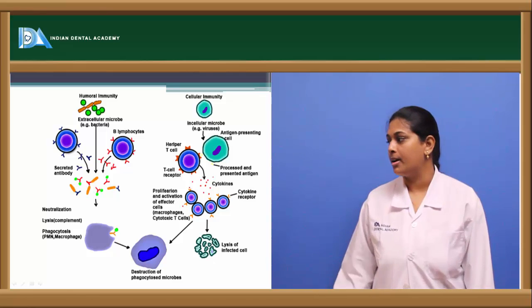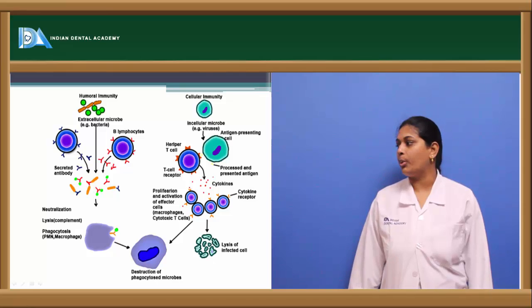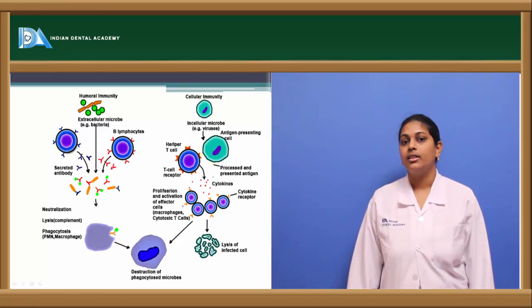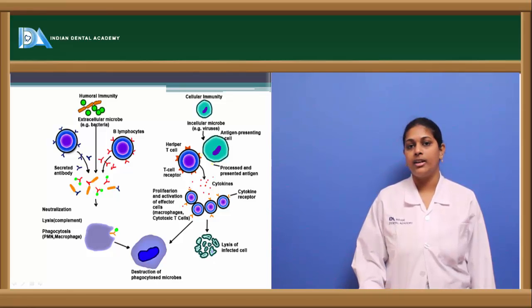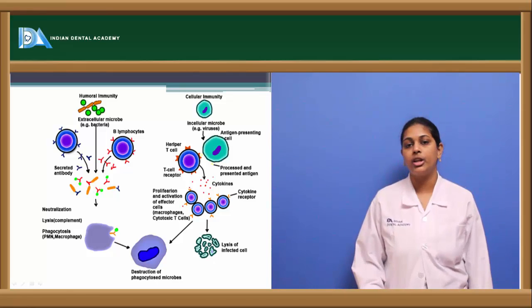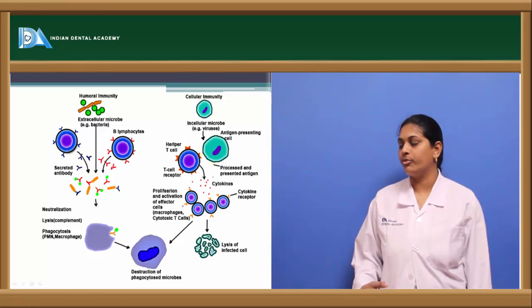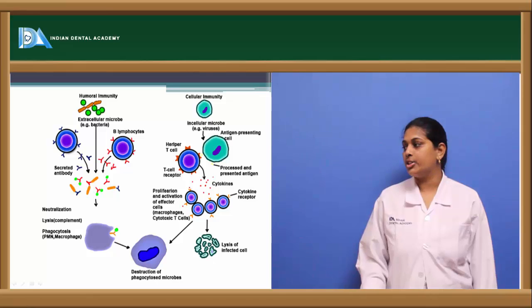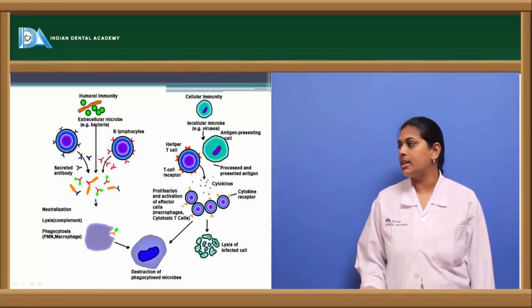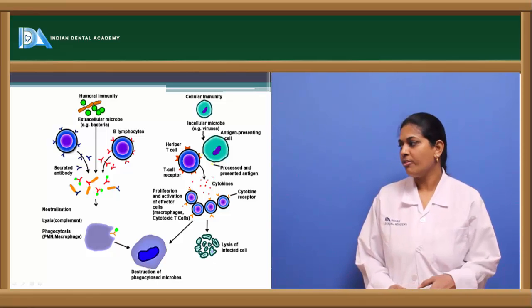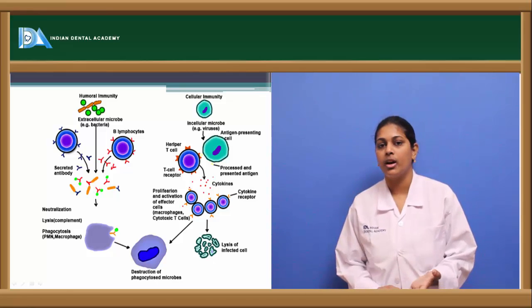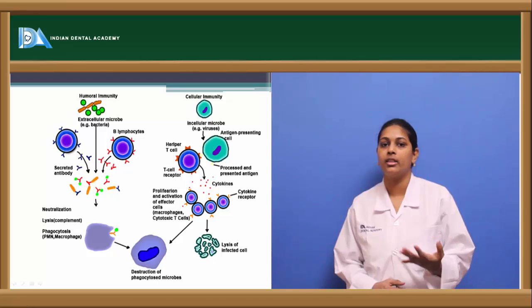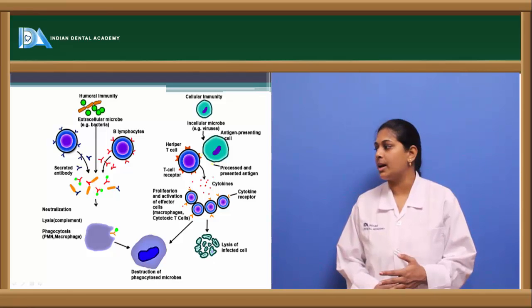Whereas coming to the cellular immunity, once there is the exposure to the antigen, that is the intracellular microbe, in this adaptive cellular immunity the respective cells engulf this antigen and form an antigen presenting cell. Based on the processing and the presence of the antigen, it differentiates into either the T helper cells or the T suppressor cells.